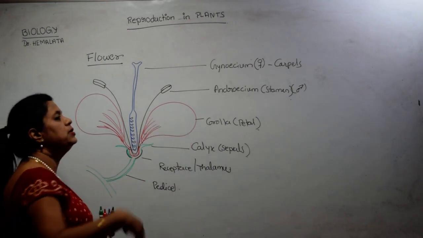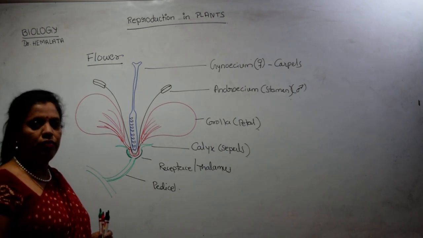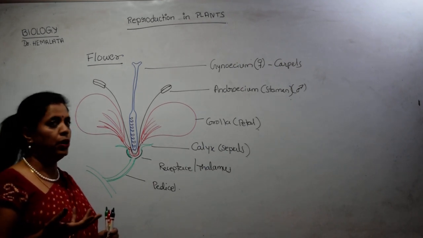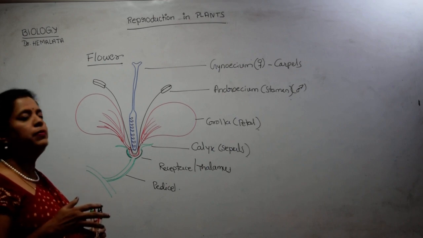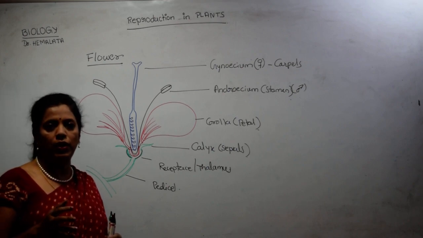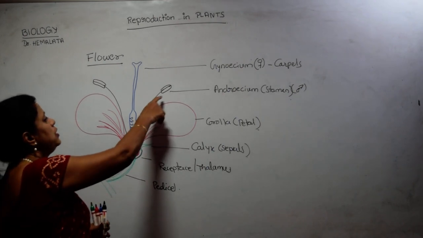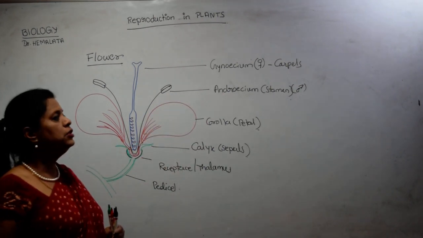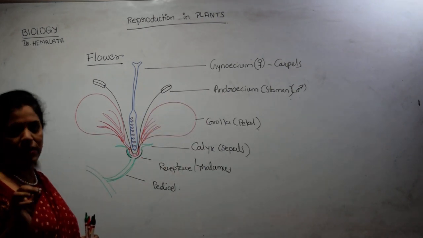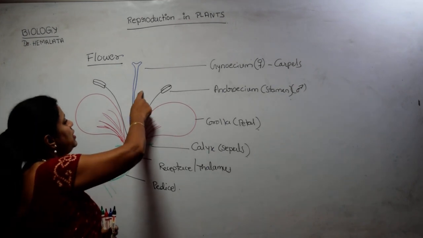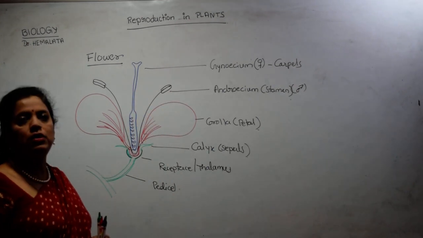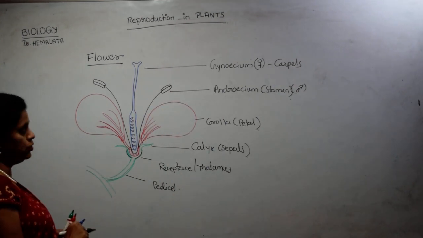Then comes the corolla, the attractive portion of the flower. In some it may not be attractive, but it helps mainly in attracting the insects for pollination. Then comes the male sex organ called the androecium, its units are called stamens. Female structure is called gynoecium, its units are called carpels or pistils.